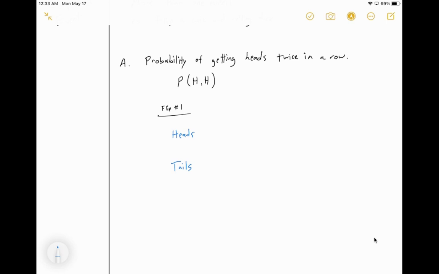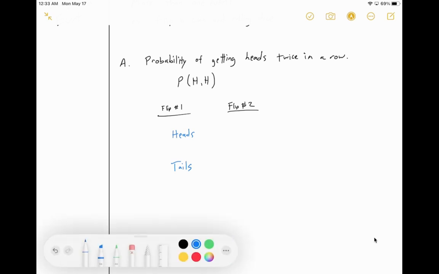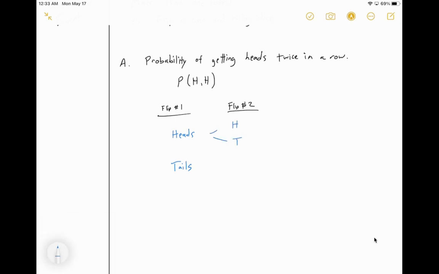On the second flip, flip 2, if you got heads first, you could get heads again, or you could get tails. And if you got tails first, you could get heads, and you could get tails.